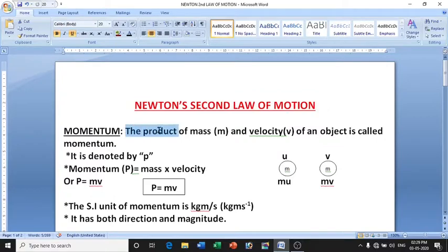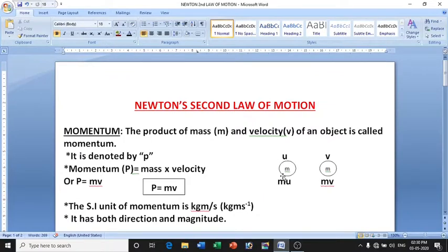That is, the product of mass and velocity of an object is called its momentum. It is denoted by the letter P. As from the definition, momentum p equals mass into velocity, p equals m into v. So you should remember: momentum equals mass into velocity.